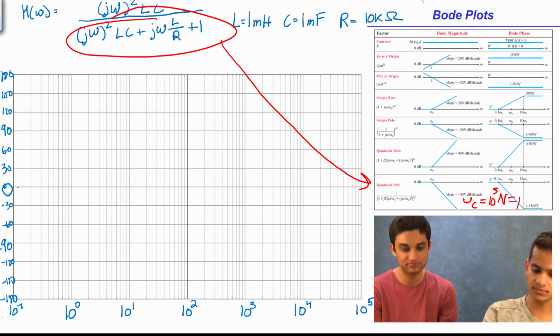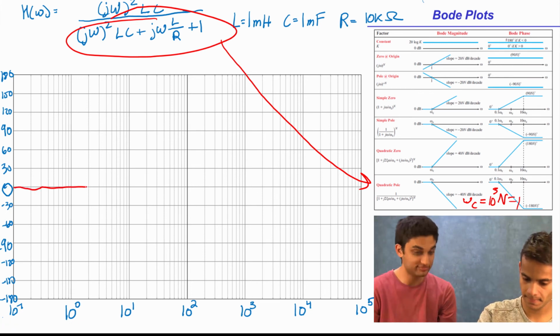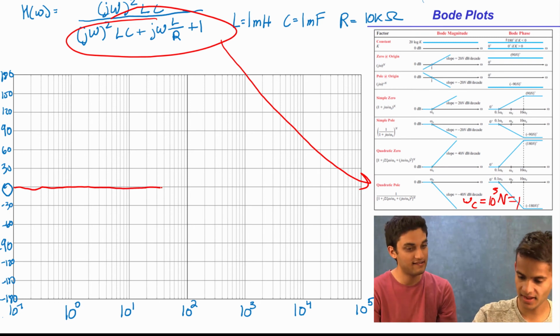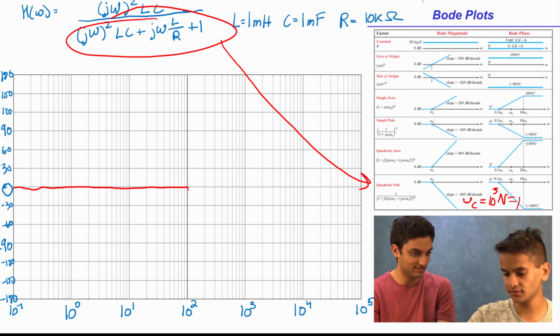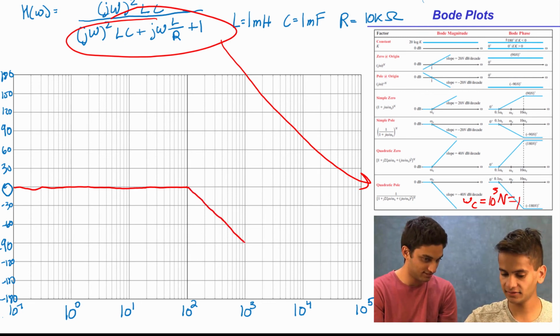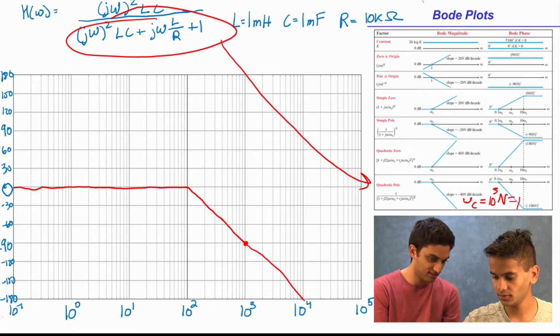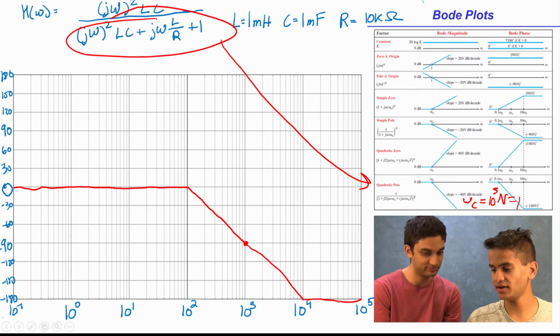Drawing that part, we start off at 0, and then 1/10 of the cutoff frequency is 10 to the 2, so we drop. And then at the cutoff frequency, we should be at -90 degrees, moving down further. And then we flatten out.